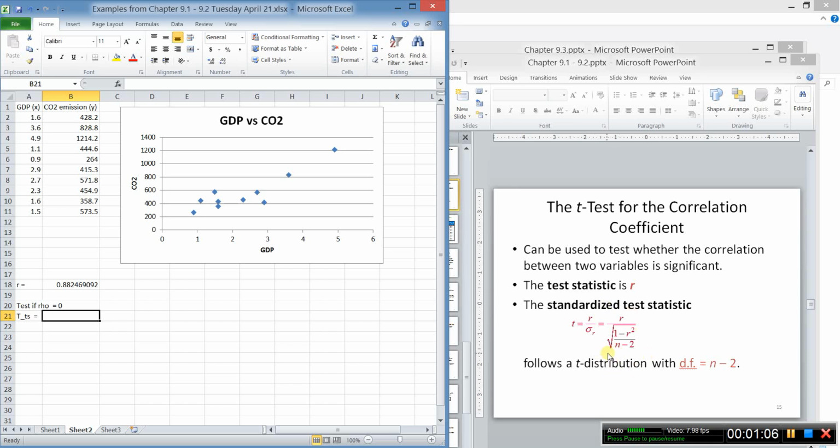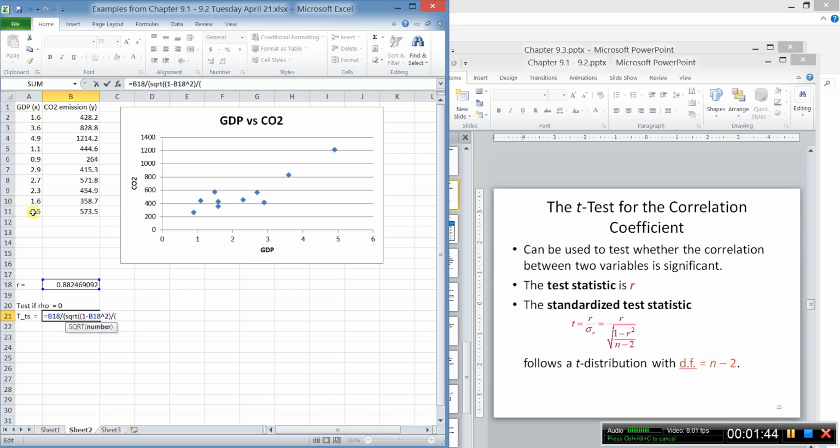The test statistic is R divided by the square root of (1 minus R squared) divided by (n minus 2). In Excel I write equals, click on the R cell, divide by, and use parentheses with SQRT, 1 minus the R cell squared, all on top, so it needs parentheses, divided by n minus 2.